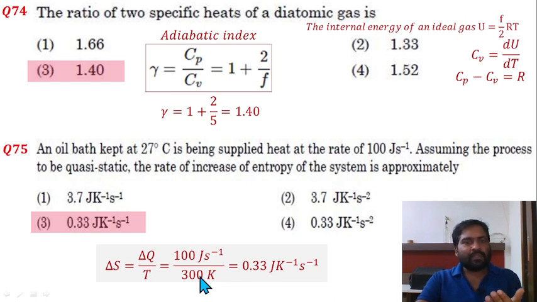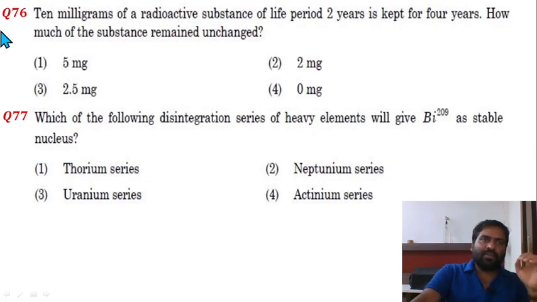One can also speculate the answer by looking at the unit. It is already joule per second, and in all the cases there is an additional Kelvin inverse, which indicates that you have to divide this term by some Kelvin temperature. Delta Q by T is going to give 0.33 joule per Kelvin per second. Option 3 is correct.